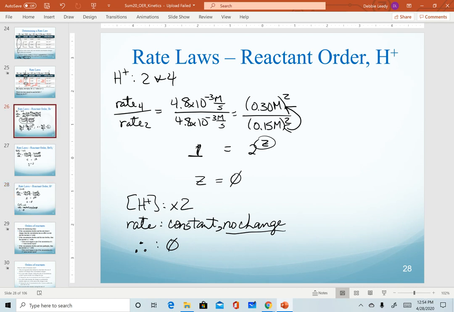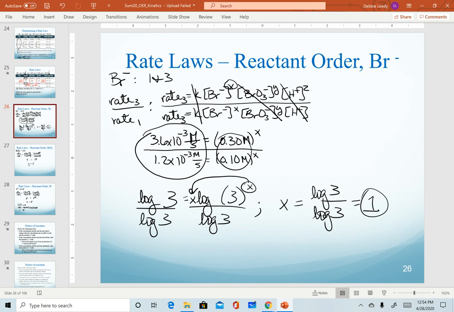If we go back to bromide and take a look at this, again, discussing the shortcut version to figure out our order, notice that bromide, as we went from trial 1 to trial 3, tripled in concentration, right, a 0.1 to a 0.3.